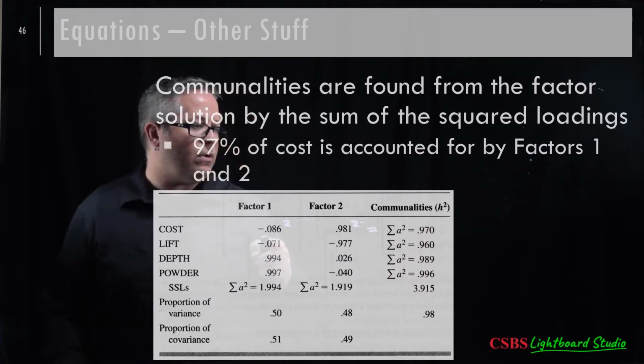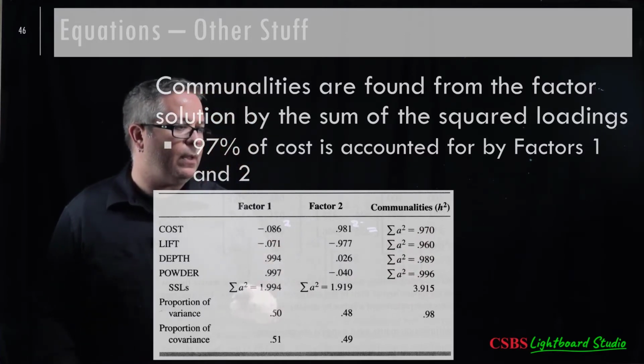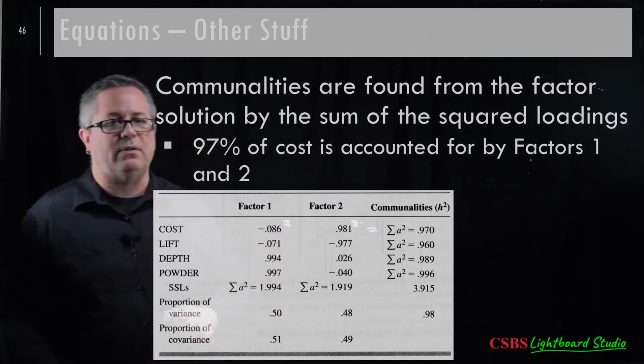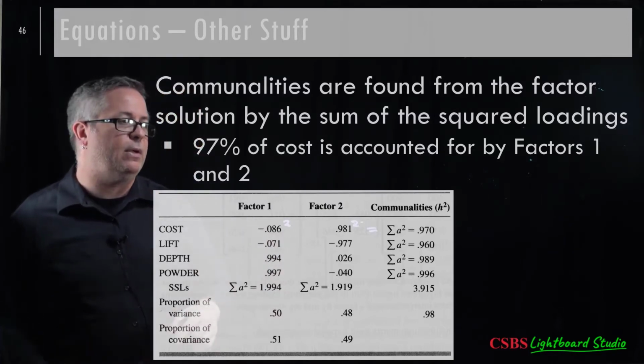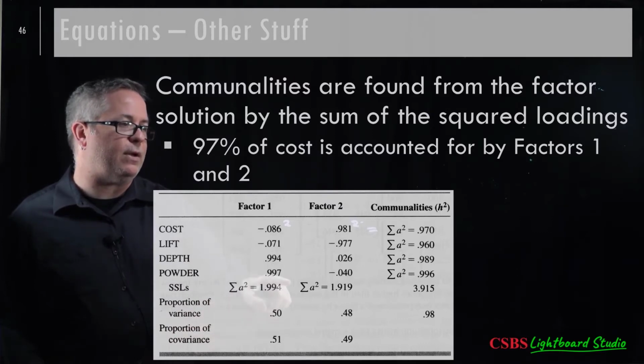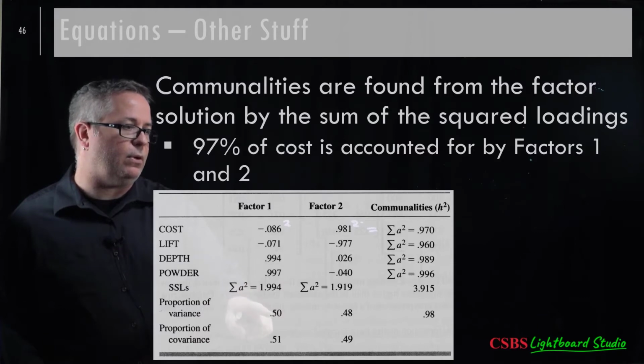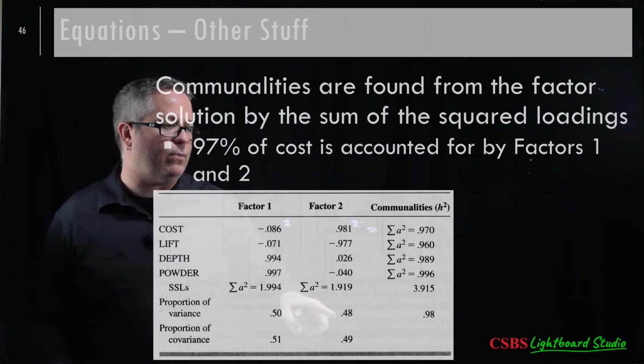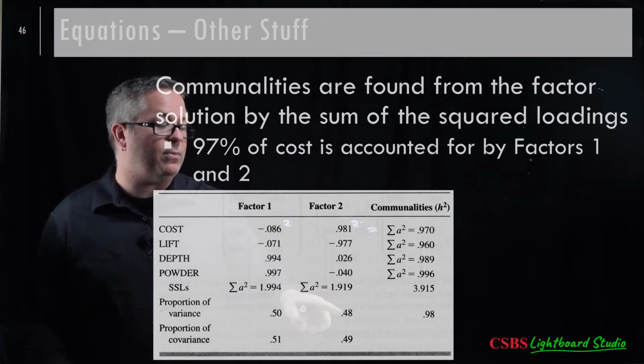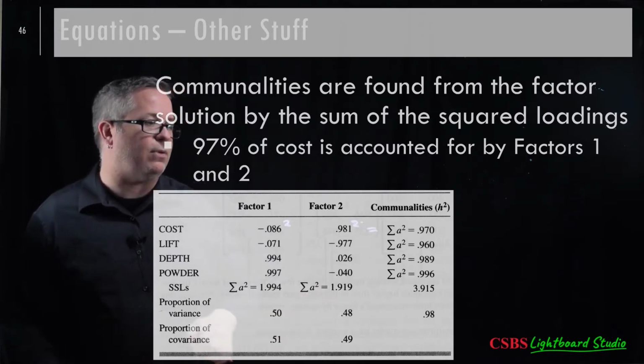If I square and add up this way, I get these sums of squared loadings. This 1.994 tells me how much variability this factor is explaining in the total 4 units of variability. If you take 1.994 divided by 4, you get about 0.5. If you do the same thing for 1.919, you get about 0.48.